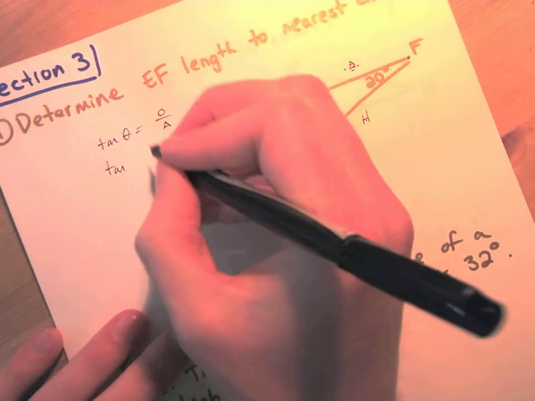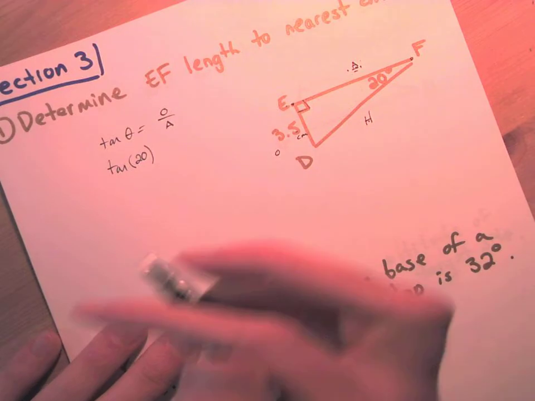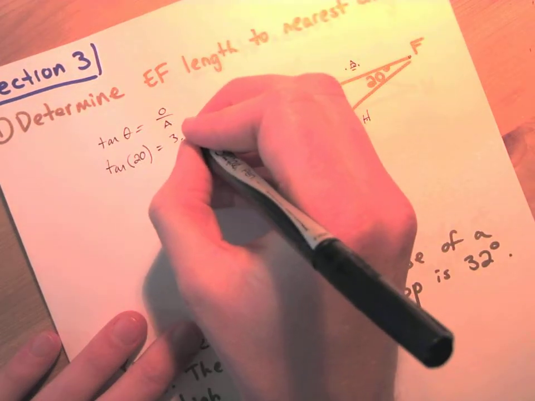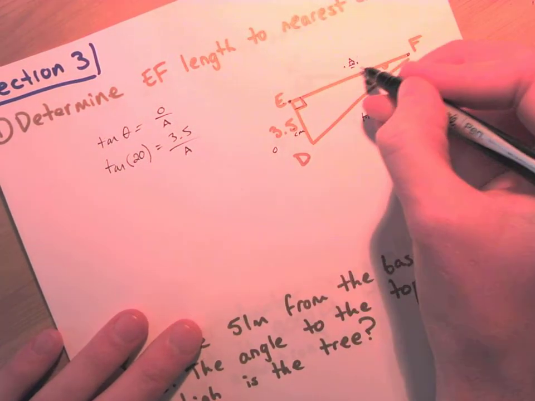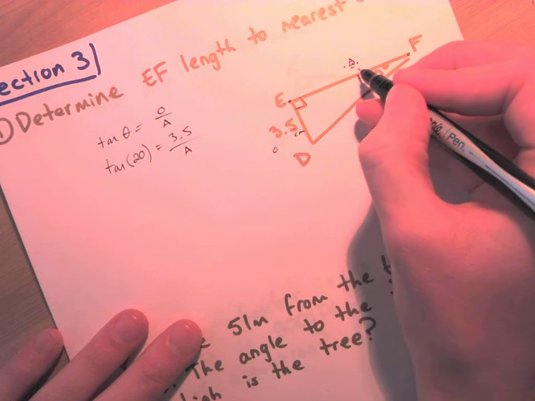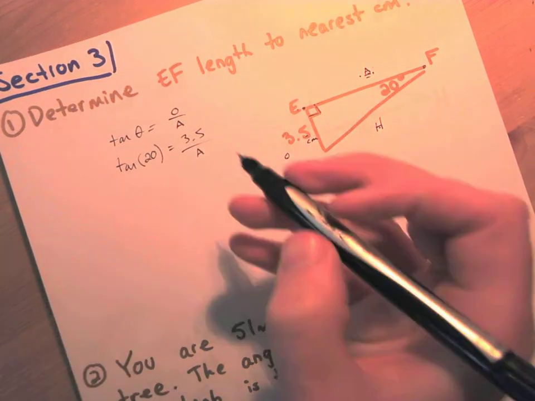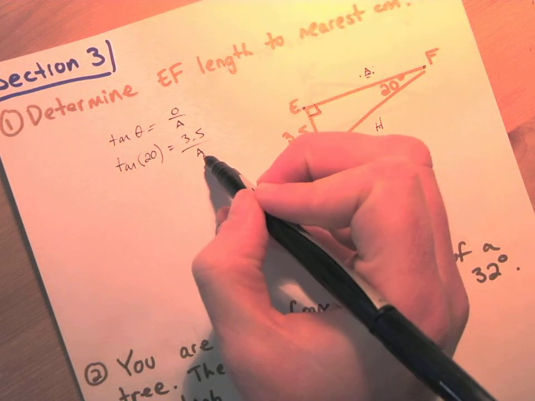This time we don't leave it blank. We can fill it in with a number. Tan of 20 is equal to O over A. Our O is 3.5, and our A is, well, it's A. We don't have a number there, and that's actually what we want, so we'll leave it as the A. Okay, so we have one variable we don't know, and we know everything else. So let's solve it for this variable.